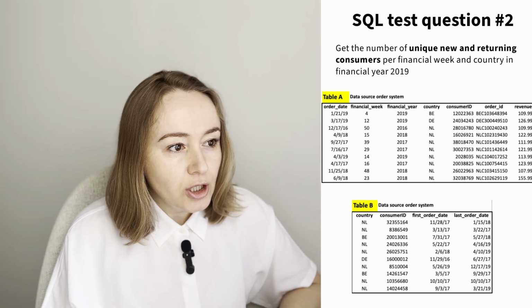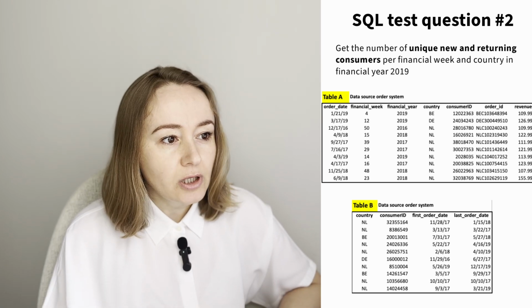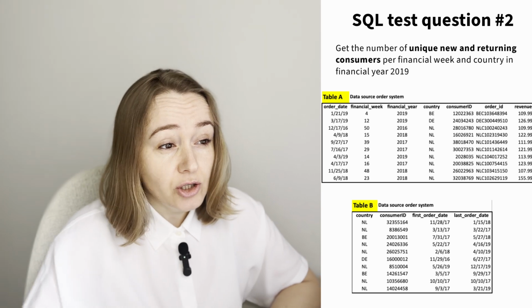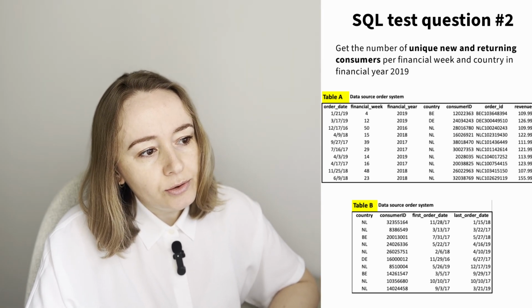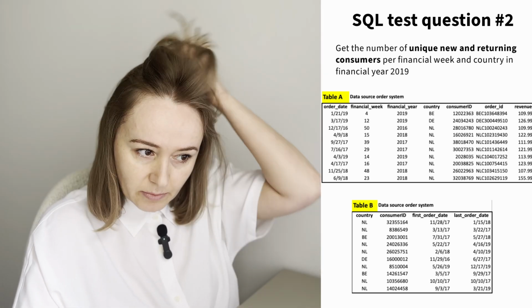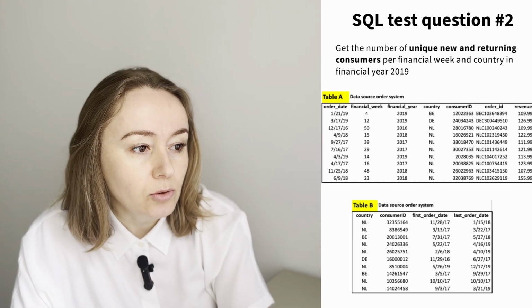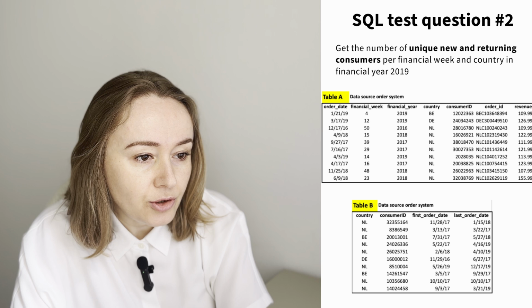For this challenge, we need to get the number of unique new and returning customers per financial week and country in financial year 2019. We also had two tables. Table A, data source order system. This is basically, I guess, the order table with the information about orders, revenue, and consumers.